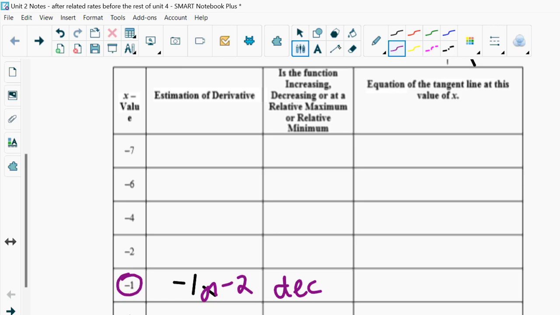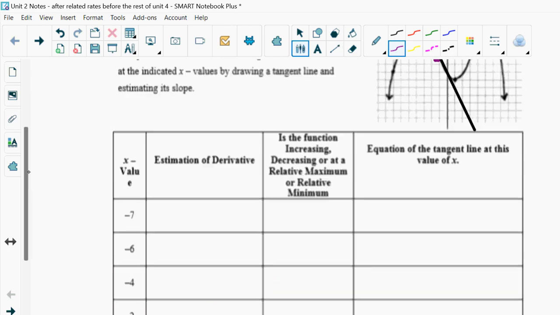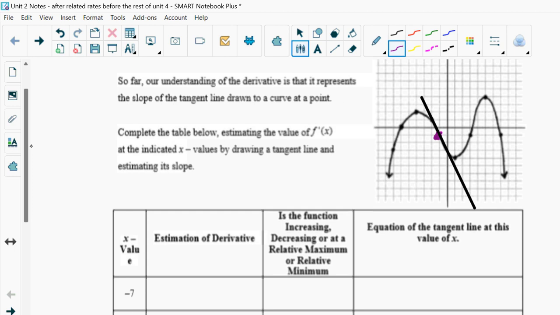If you get a positive estimation of the derivative, every time the function is going to be increasing. And if you got that the slope was 0, like at 5, that's a slope of 0. Those are only going to happen when you have a relative max or a min on your graph. And so these are really big connections that we can make, talking about derivatives and whether my graph is increasing, decreasing, or has a relative max and a relative min.